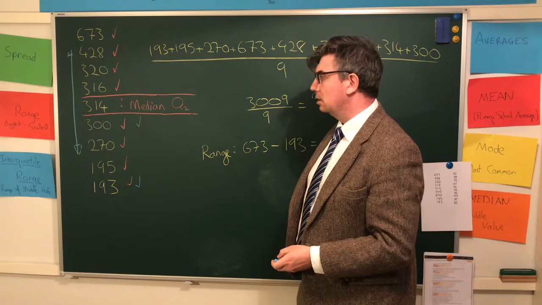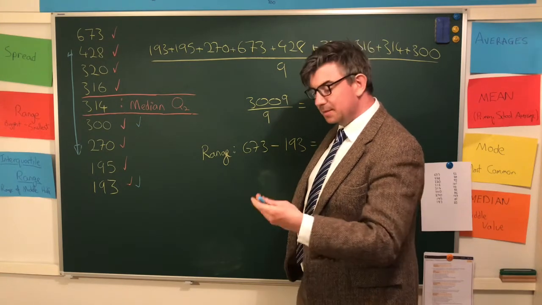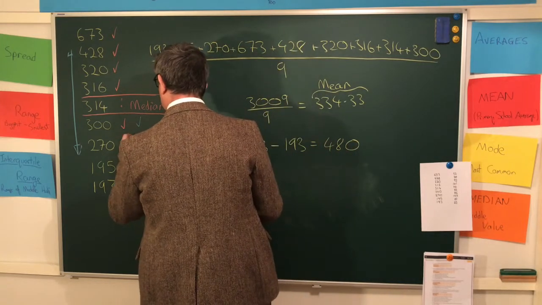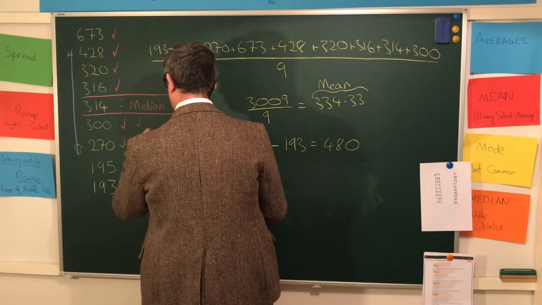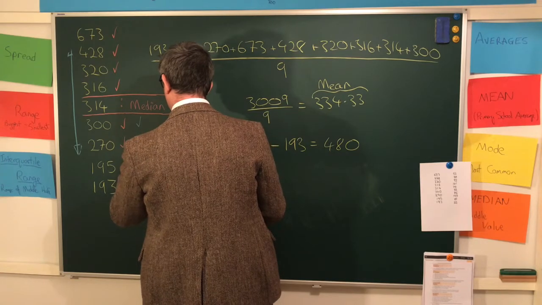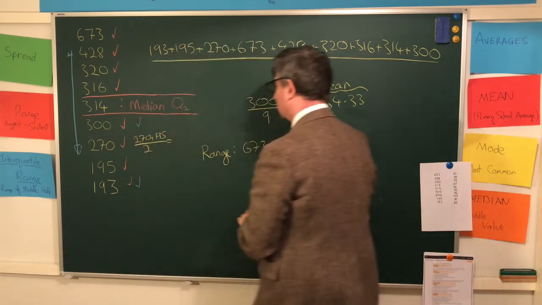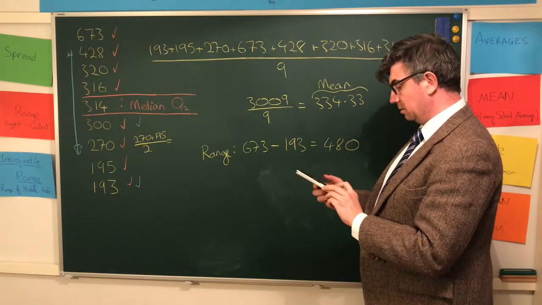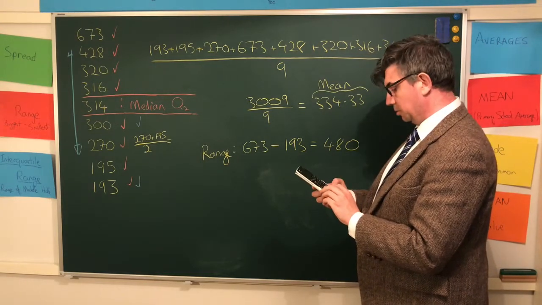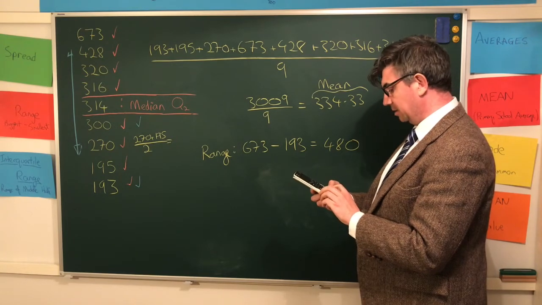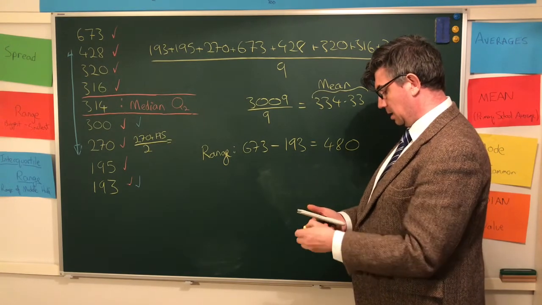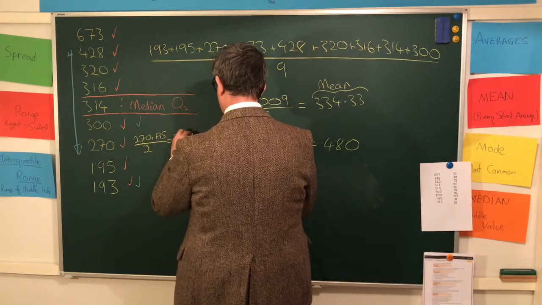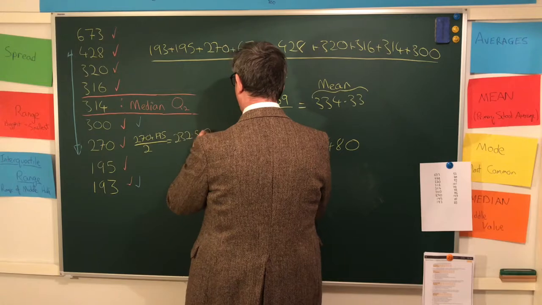Well, that's the middle of those two. So I add them together and divide by 2. I find the mean of those two numbers. Another calculator job. 270 plus 195 divided by 2 equals 232.5, and that's Q1.